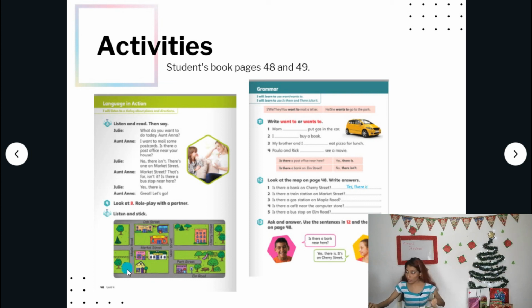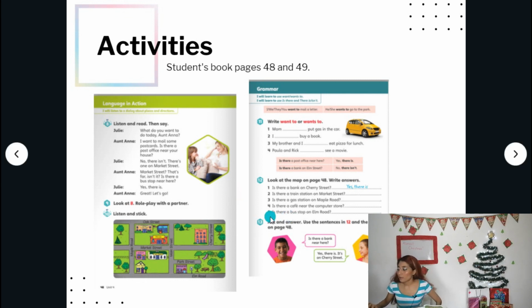Entonces, estamos buscando a gas station. On Maple Road, do we have a gas station? Yes, there is. No, there isn't. Ahora, depende de ti contestar no, there isn't or yes, there is.